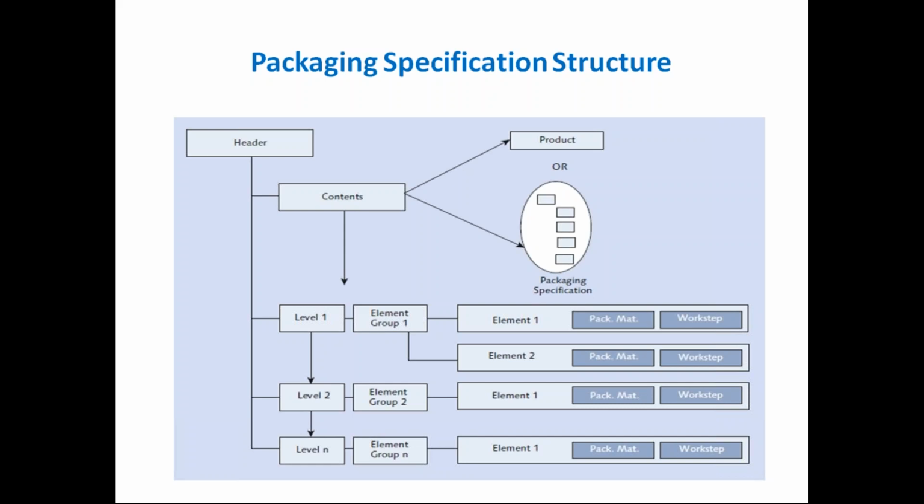I want to use these for several products, meaning several packaging specifications, so I reuse them. In that case we maintain separate data for that element group. While creating the packaging specification, I apply that readily available element group.